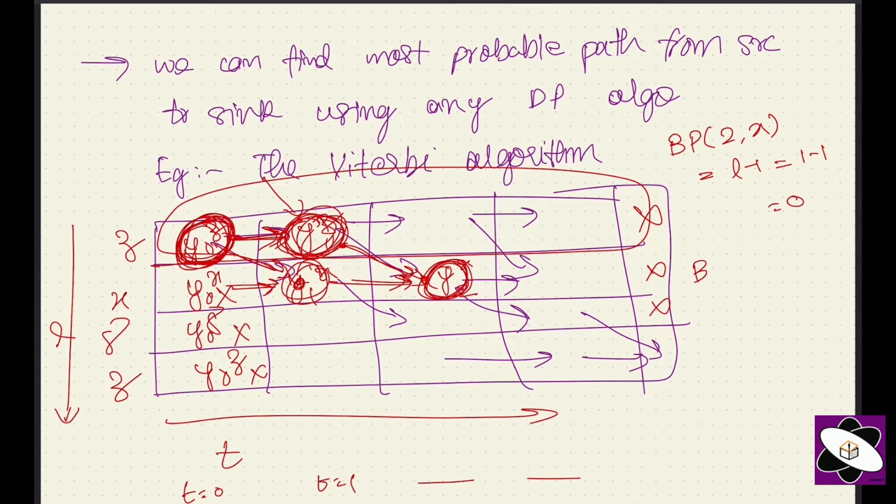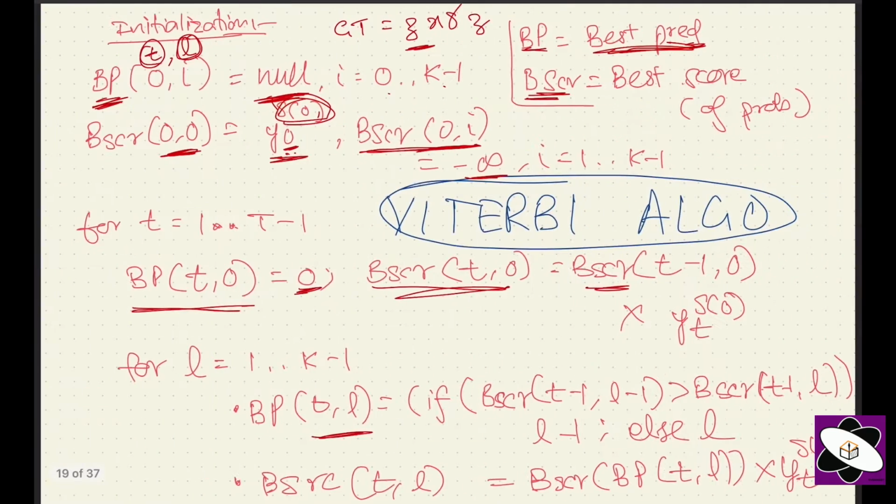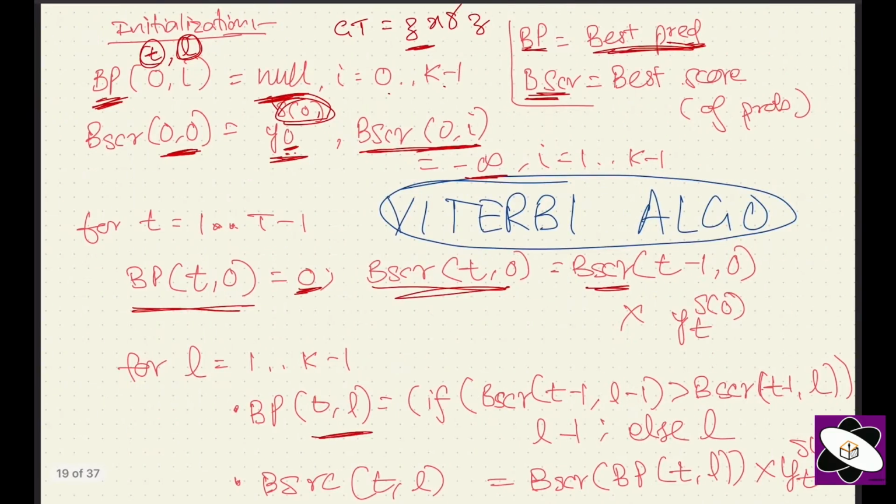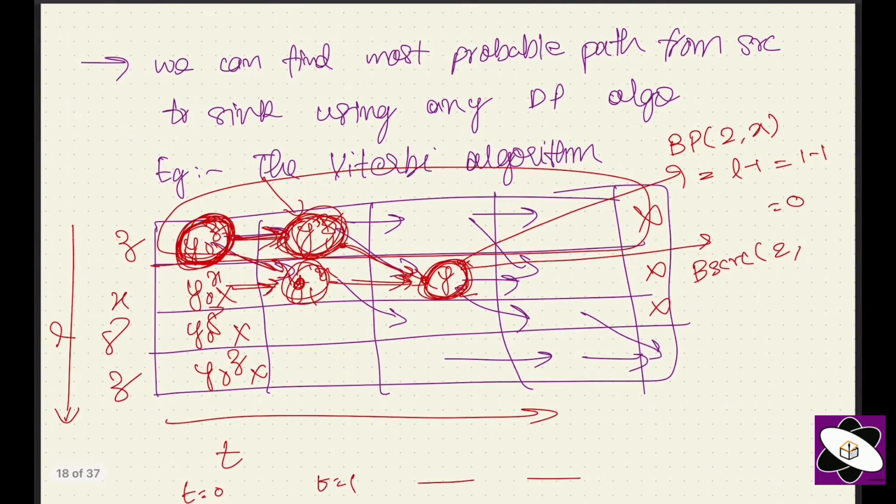Now b score of t is like 2 comma, for this I am talking, is like 2 comma l. L is how much, 1, or this we can write as 1, it's not x, it's 1.